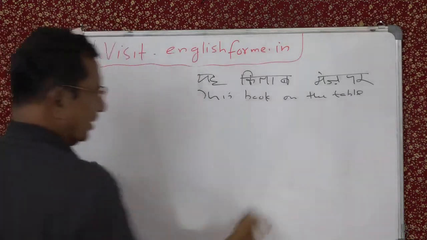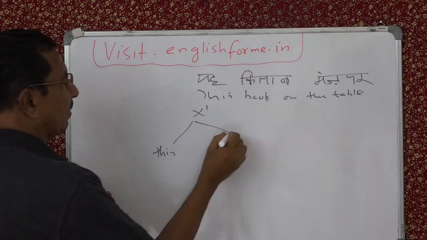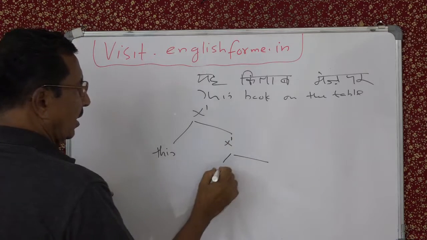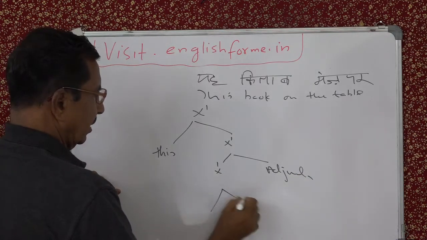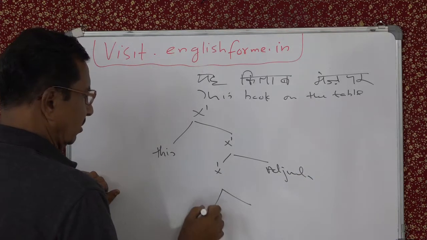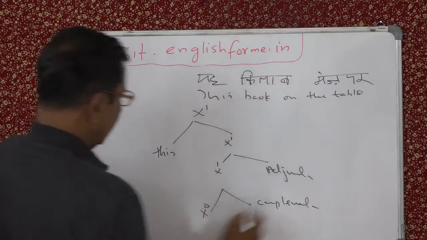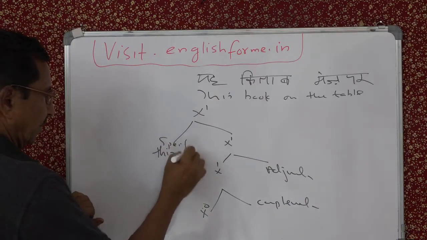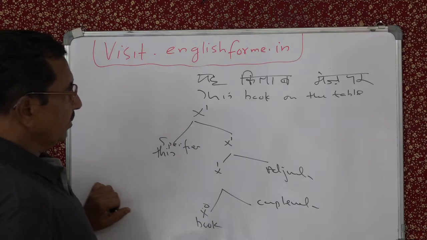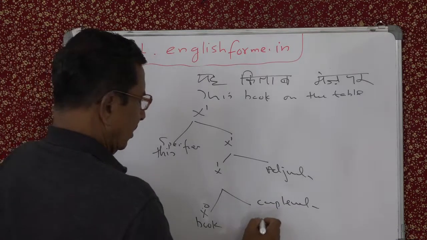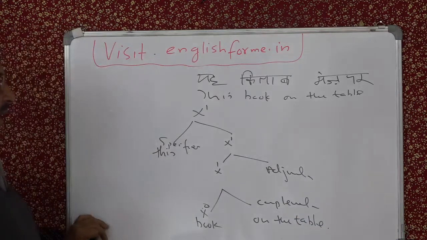So let us see. First let us see this book on the table. Xbar. You have got this. That is the specifier. And then Xbar, Xbar adjunct, and Xbar, X0, and complement. So this is specifier. This book on the table. So you don't have adjunct here.